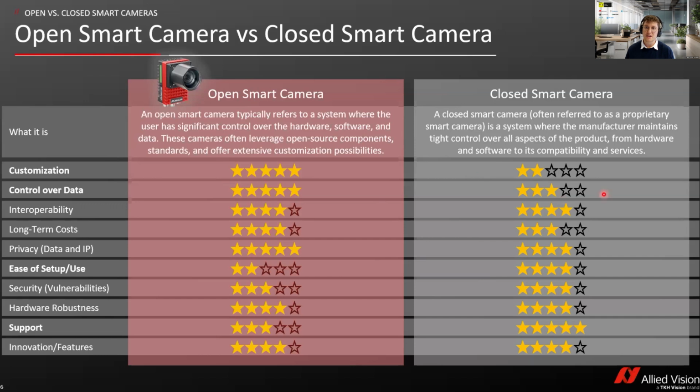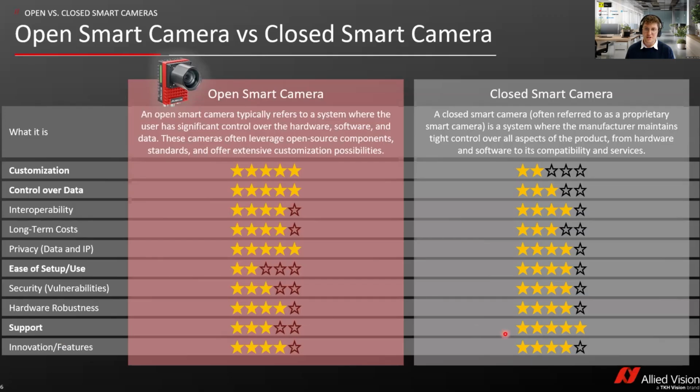This is a little bit restricted with closed smart camera systems, but the ease of use and setup, how easy it is to bring it to the end solution, is easier with closed smart cameras because a lot of points are included. With open smart cameras, it's necessary to have skills to bring this product to the solution.